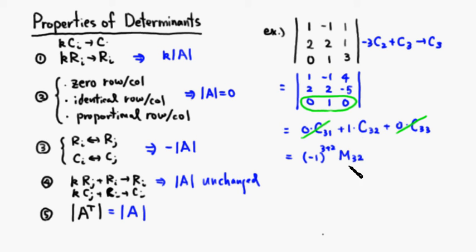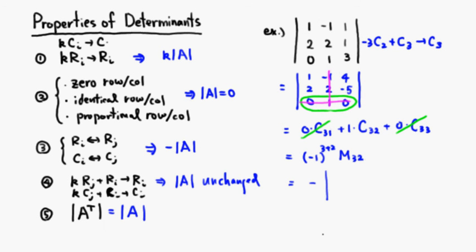Let's compute that. This is going to be negative, then the minor 3,2. We scratch out the third row and the second column.